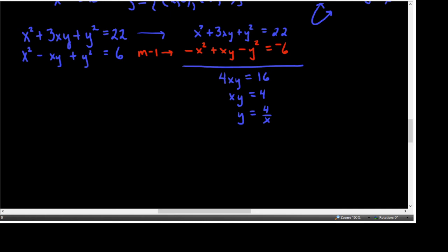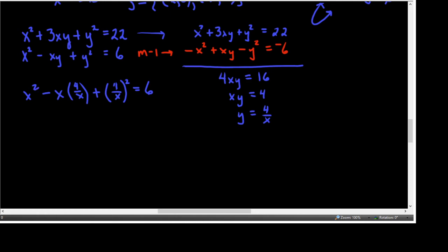So let's go with the second equation. So that will be x squared minus x times 4 over x plus 4 over x squared equals 6.